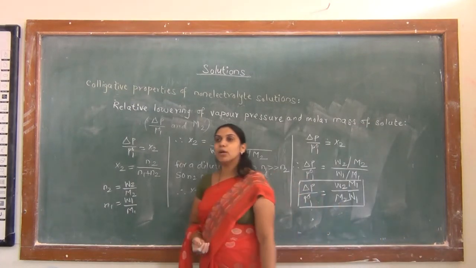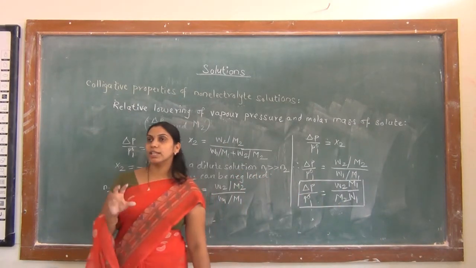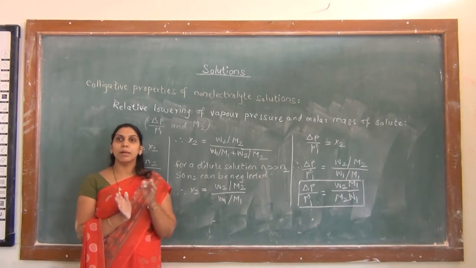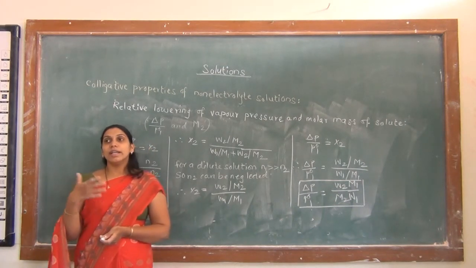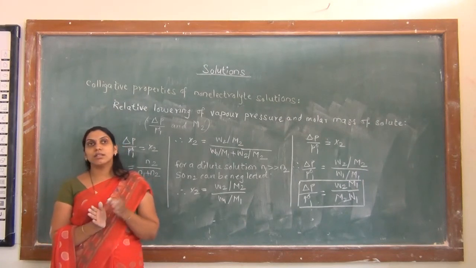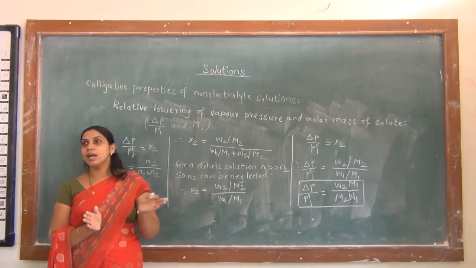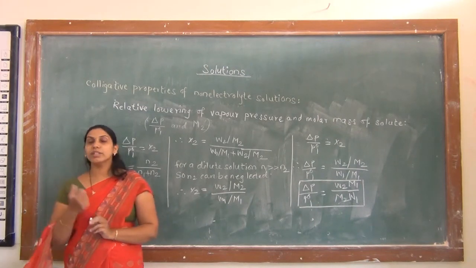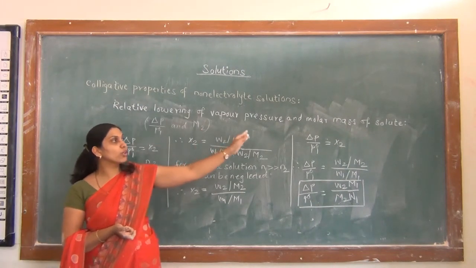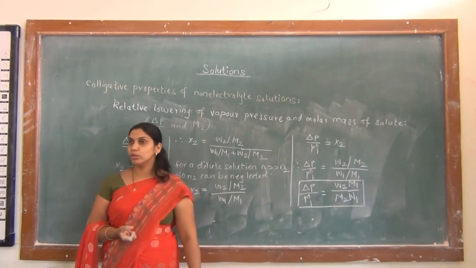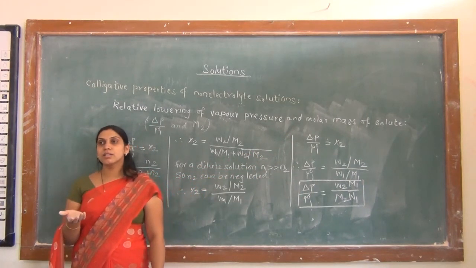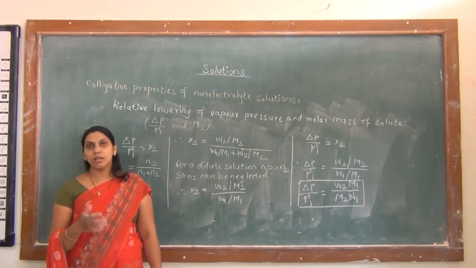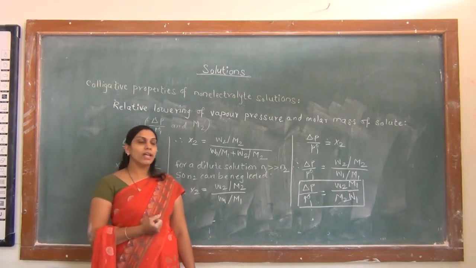This is an important equation which gives the relationship between relative lowering of vapor pressure and molar mass of solute. In the exam, this equation can be asked for derivation. You will be asked to derive the relationship between relative lowering of vapor pressure and molar mass of solute, and numericals based on this equation can also be asked to find the molar mass of solute.